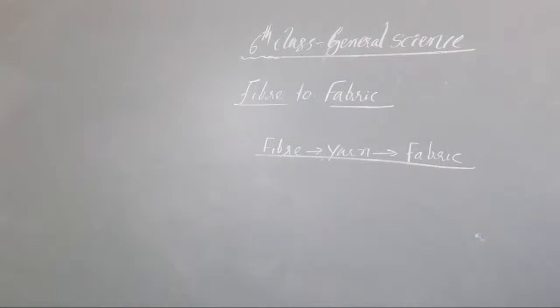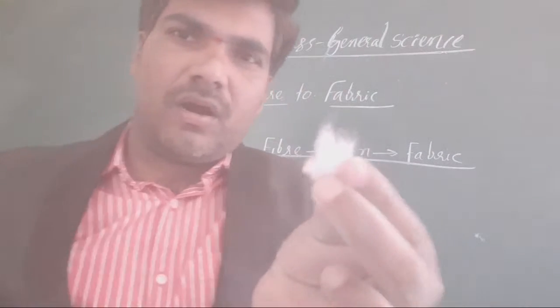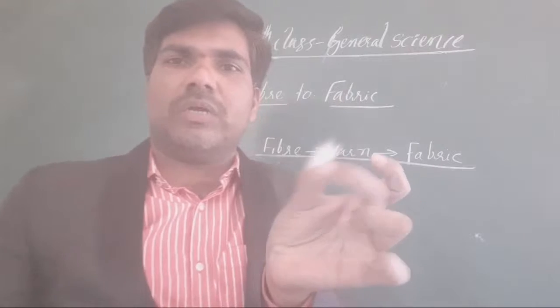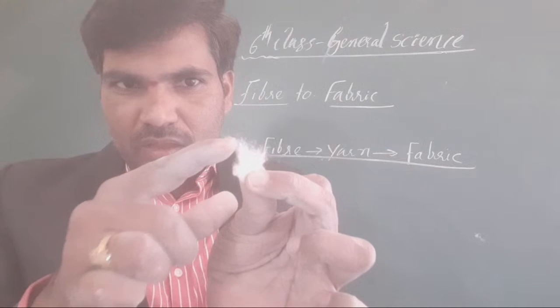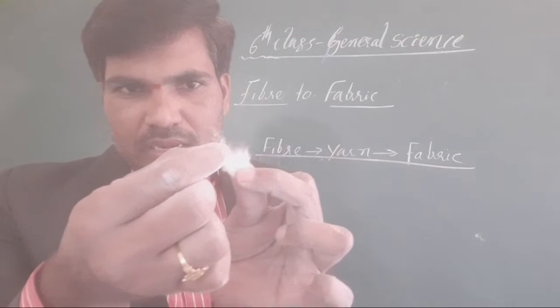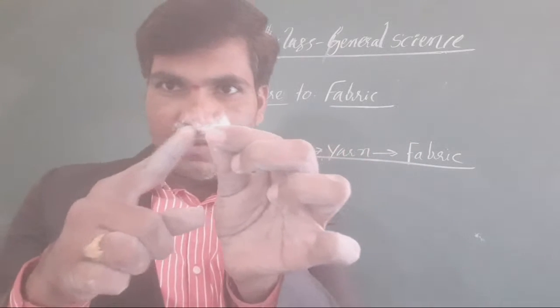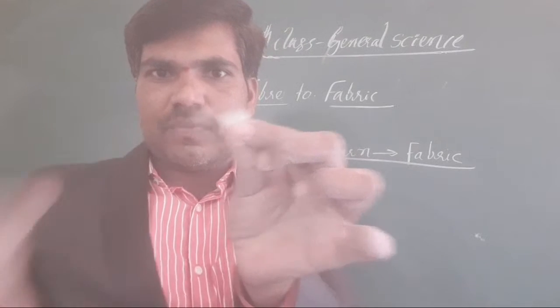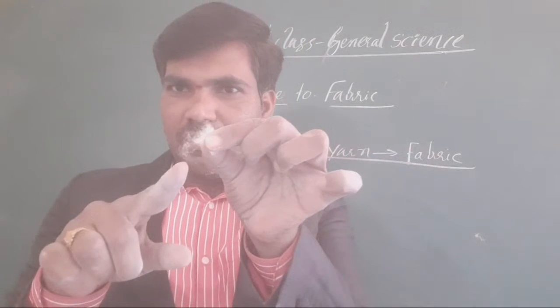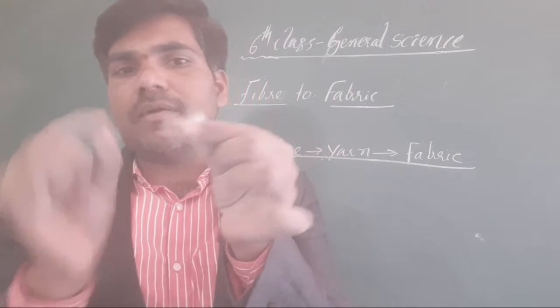Once consider it is cotton. Now how will it become a fabric? Before going to that, which one is this? These small components that are here are only called fiber.